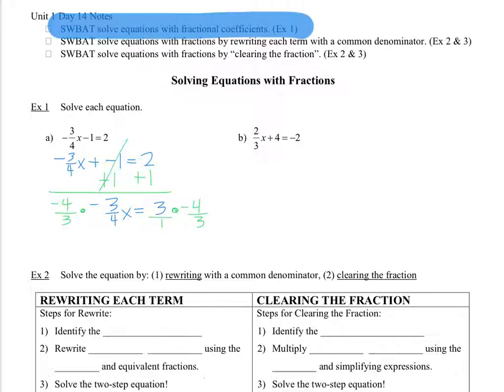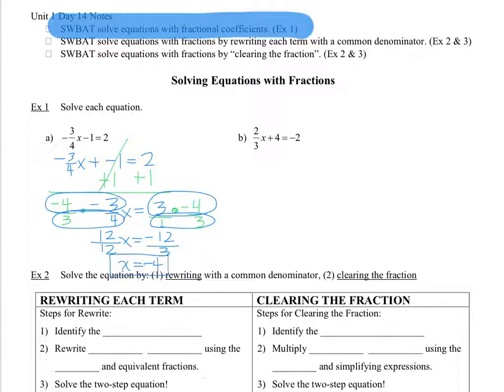I'm going to include an extra step to show exactly what I get when I multiply across. Negative 4 times negative 3, I get 12. 3 times 4 in the denominator equals 12, x, and that's equal to 3 times negative 4 is negative 12, 1 times 3 is 3. Simplifying completely, I get 1x equals negative 12 divided by 3, which is negative 4.